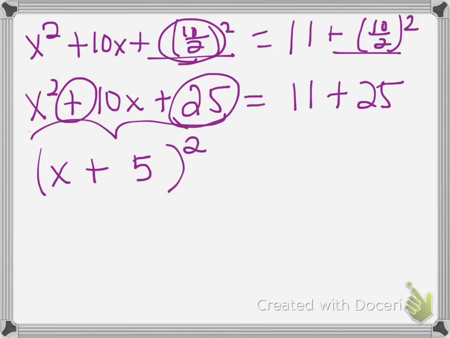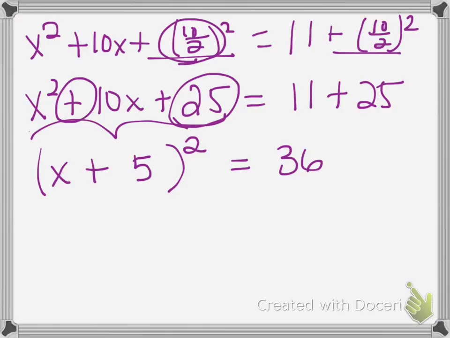So that is x plus 5 squared. Basically, I factored my perfect square trinomial, but if you already know it's a perfect square trinomial, you can use that shortcut: square root the first term, take the sign of your linear term, and square root the constant term. Now I have 11 plus 25, which is 36.